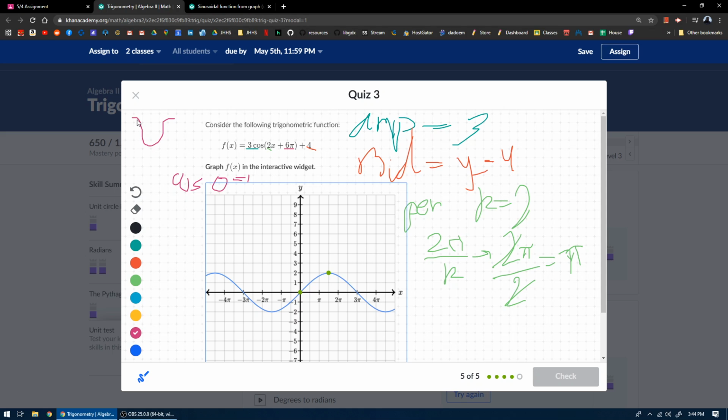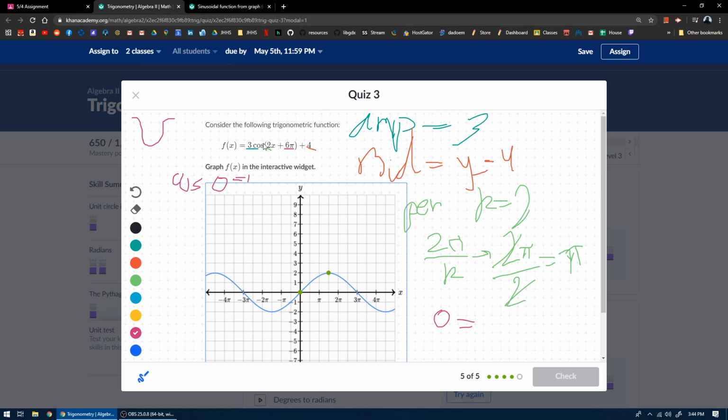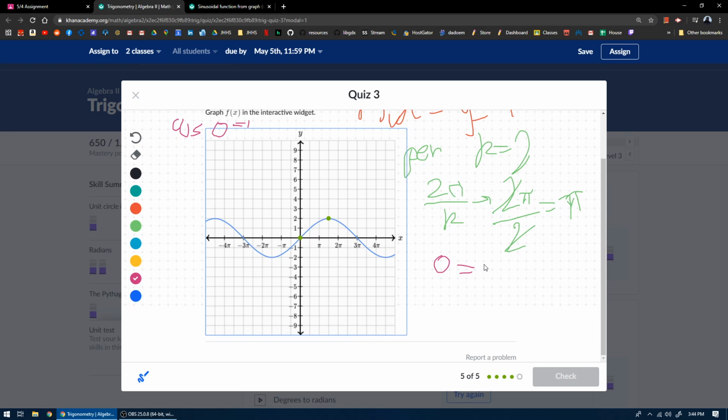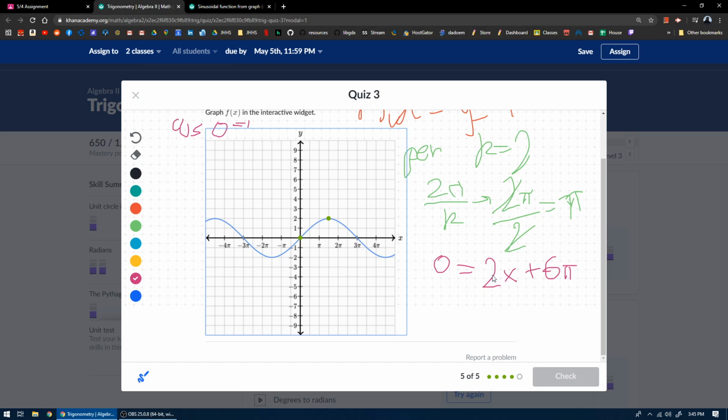But I still want to know where my 0 is. So 0 is equal to 2x plus 6 pi. All I'm asking is what number x should this be for this to be 0? Because I know that's when cosine starts.